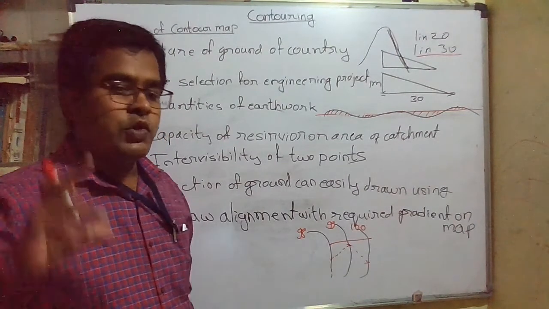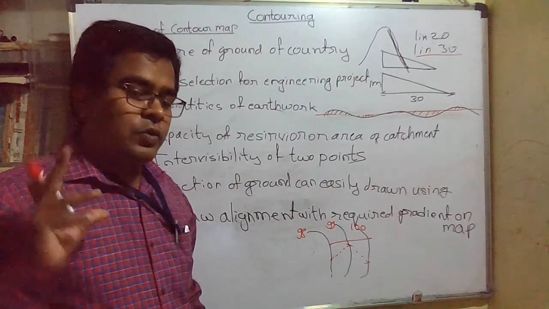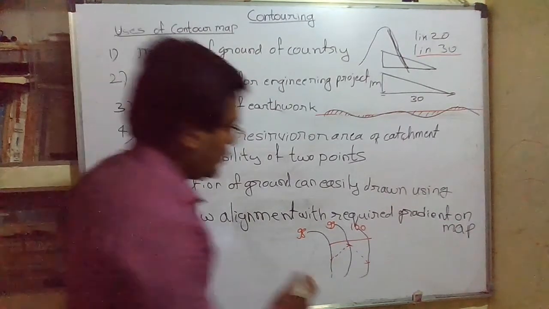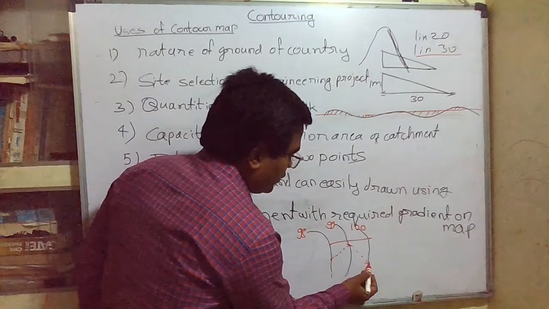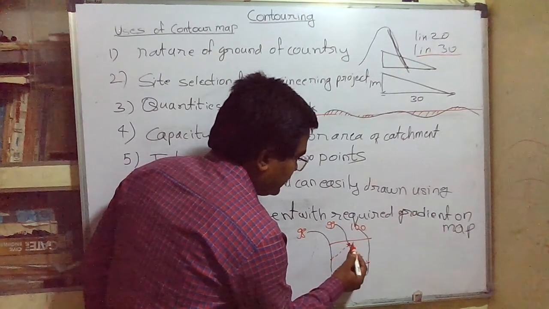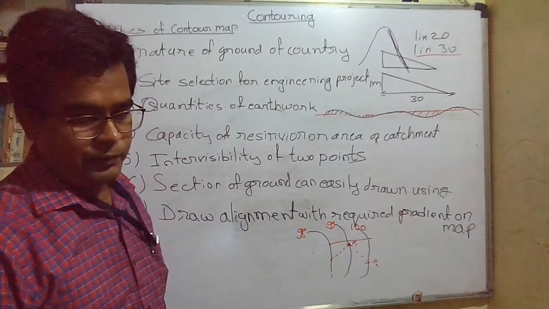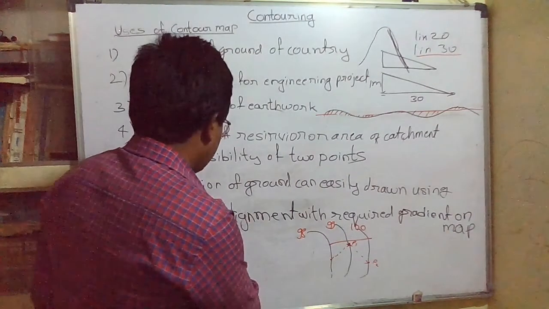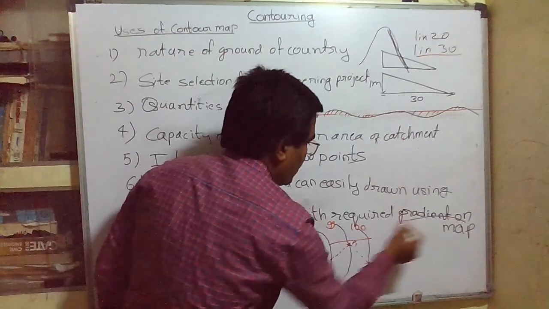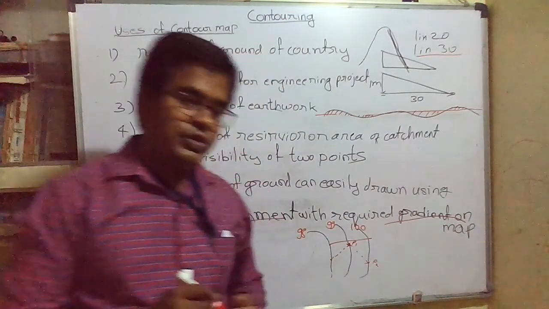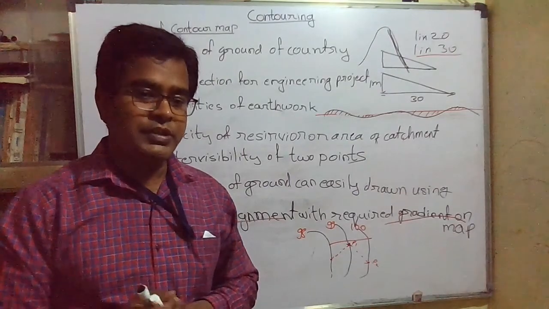We have to consider a road with a certain gradient. So first we draw the specific points on the map, and then these points P1, P2 we mark on the ground. So we can draw an alignment with any gradient on the contour map. These are the various uses of the contour map in our engineering projects.